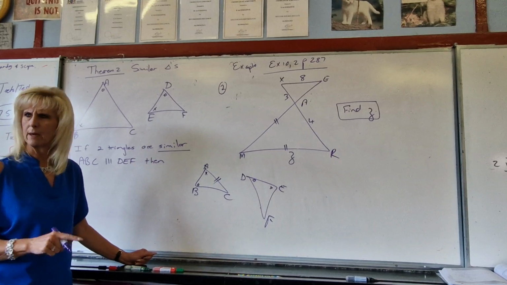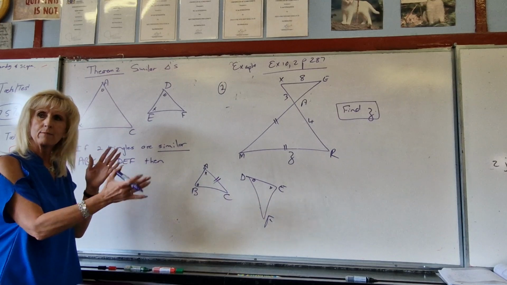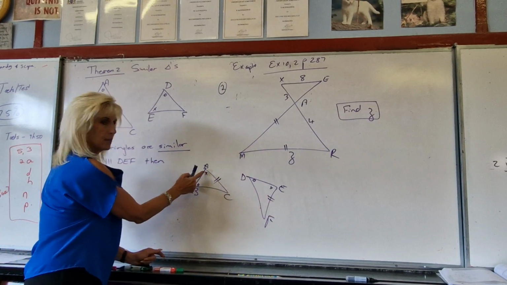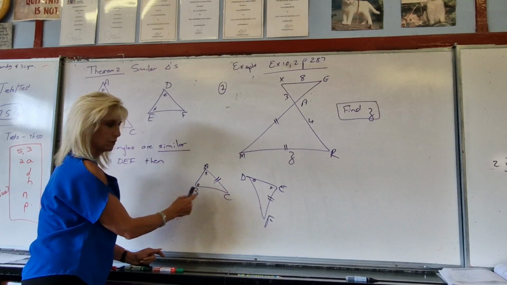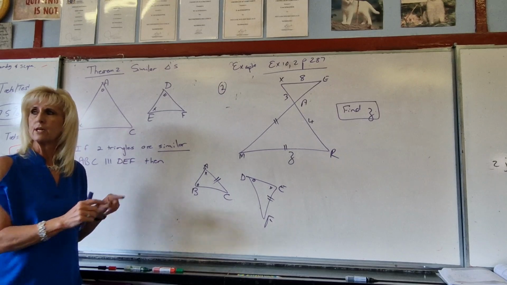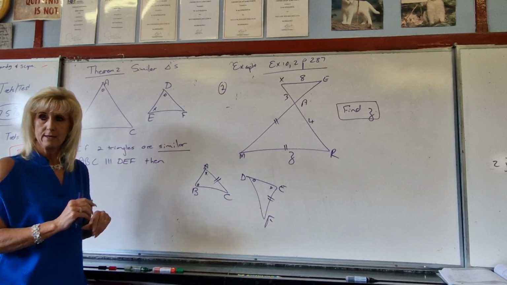EF. How come? Because it's proportionally in the same corresponding places. It has to be this one, next to the little crossy, across from the little circle. It has to be in the same place. Two angles and a corresponding side.